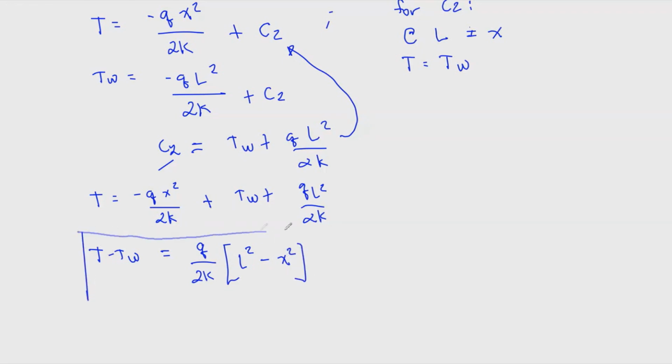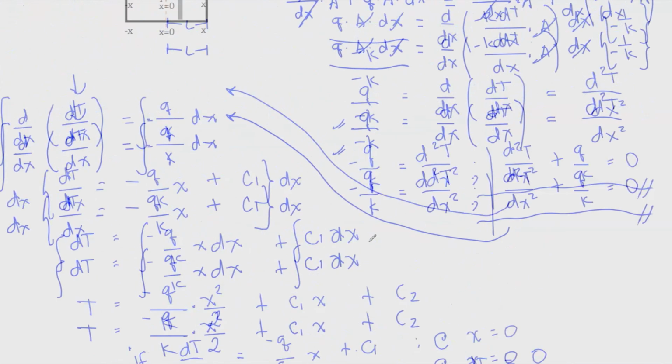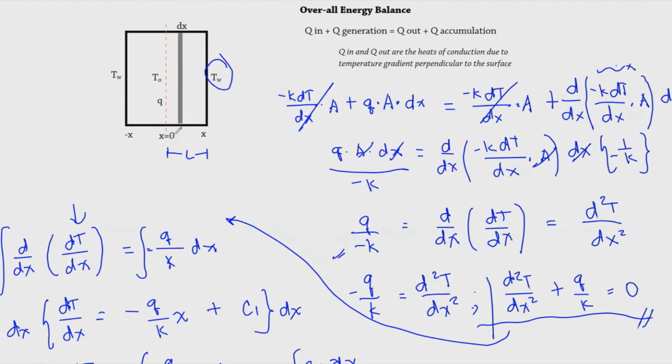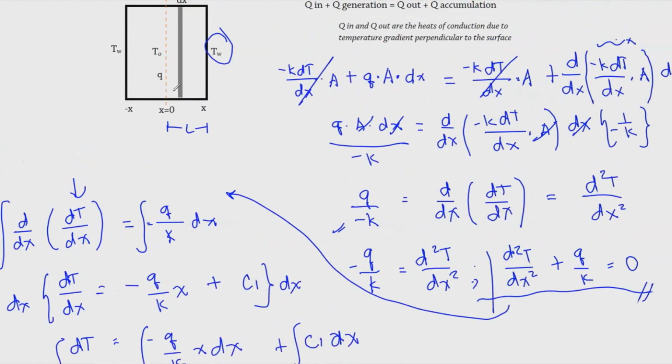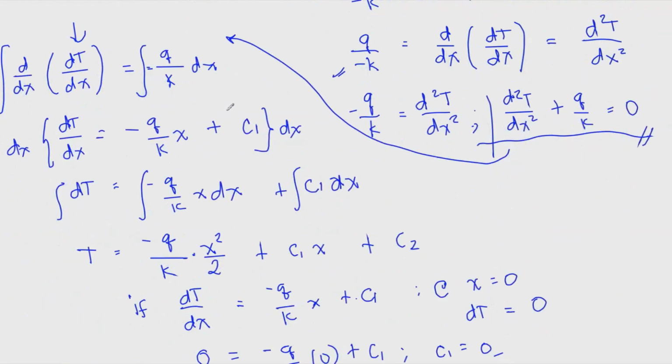This is the final equation for heat generation through a slab, where we're considering x being 0 at the center, and L is the half length from the center going to the edge of our slab.